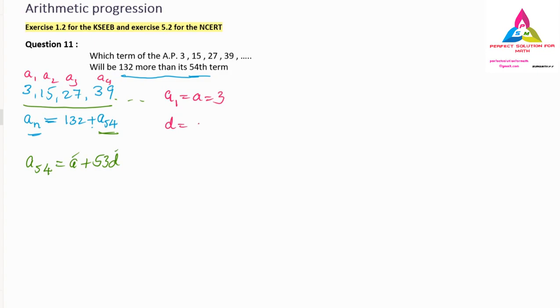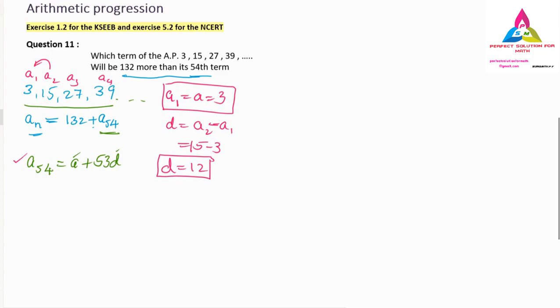D value is nothing but A2 minus A1, the common difference. So 15 minus 3 is 12. So the D value is 12 and the A value is 3. So by using A and D, we can find the A54 term.